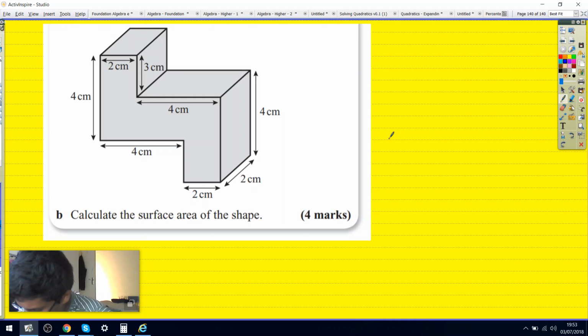For the area of the rectangle above that line, you have 4 times 1, which is just 4. And then we have 2 times 3, which is 6.